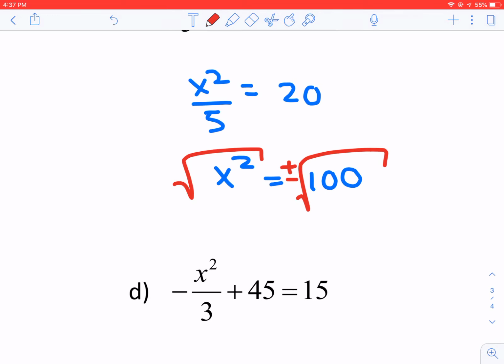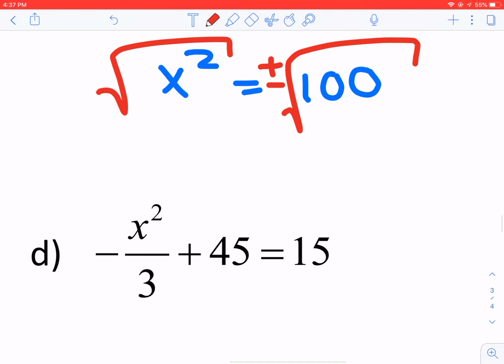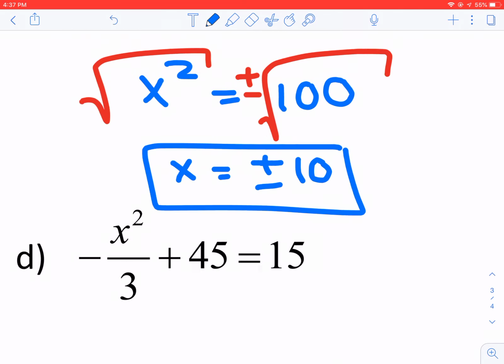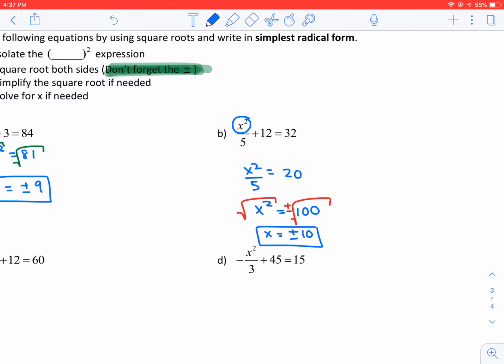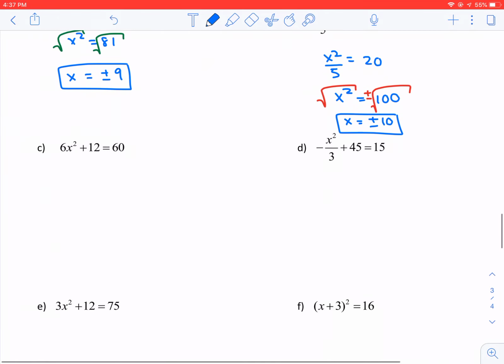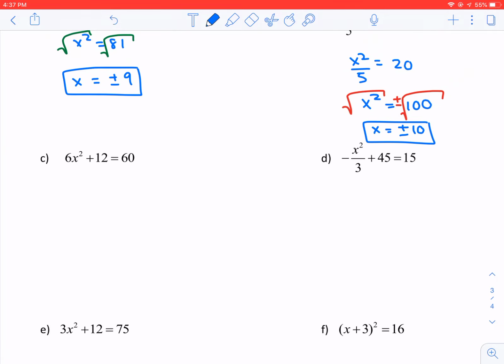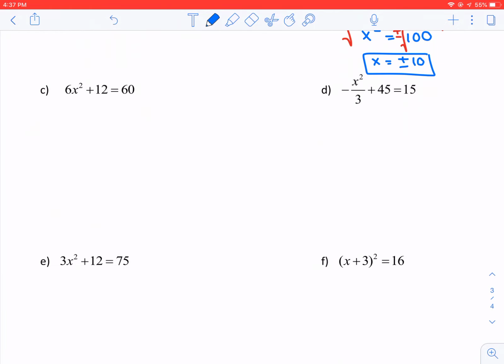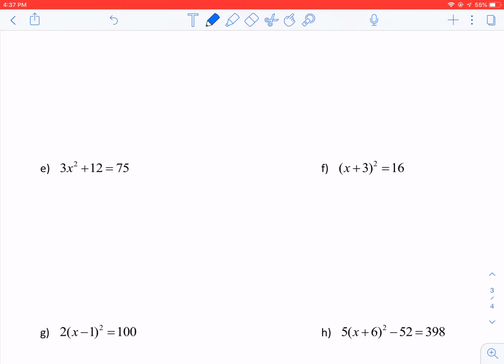Don't forget the plus or minus when you square root both sides, because x can be both positive 10 and negative 10. So you know what, I'm actually going to skip C and D. I'll come back to those at the end because I want to get to a couple more interesting ones.